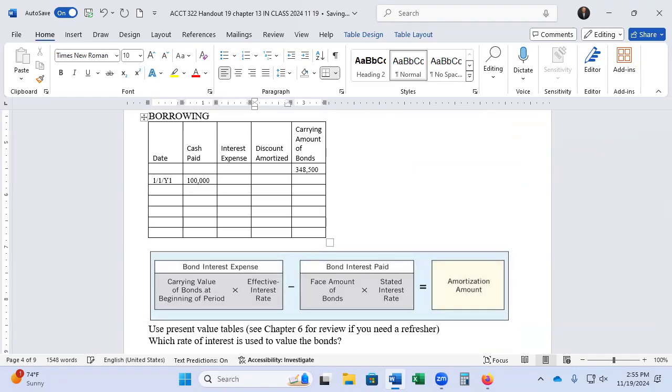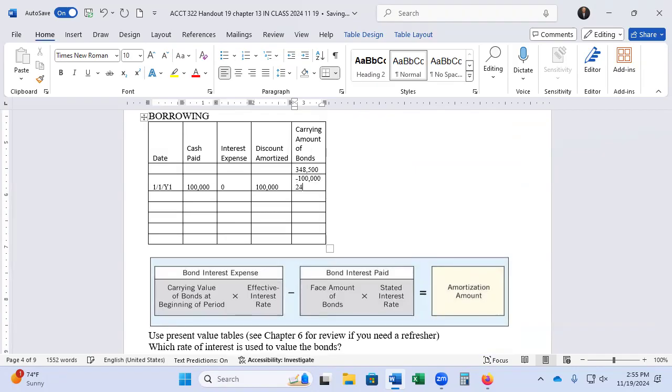And so we would have no interest expense, right? Because this is on the same day it occurs. And so we would amortize all of the discount. And so our new balance would be 248,500.